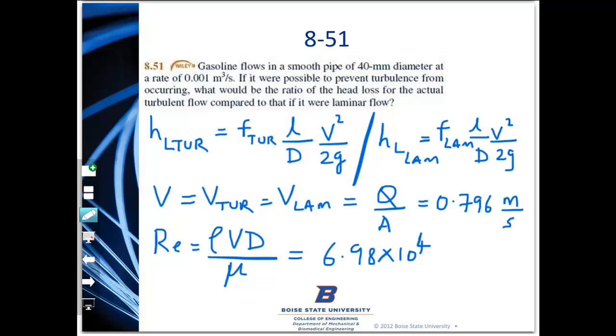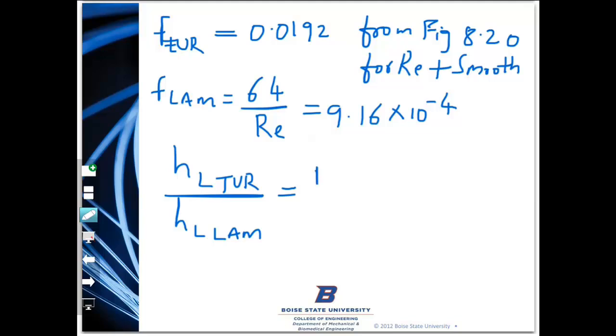So all that remains is f turbulent over f laminar, which we just found above. If you do that, you'll get 21. So what that tells you is the head losses in a turbulent flow are 21 times greater than the head losses in a laminar flow.